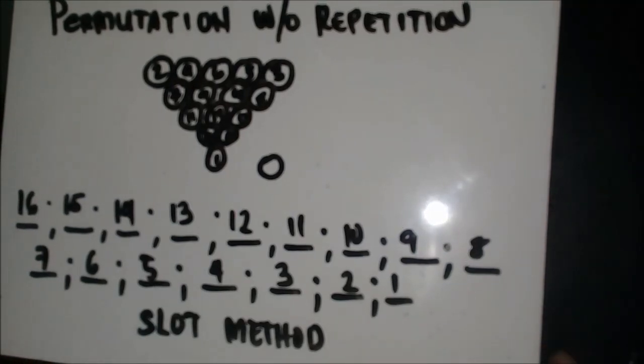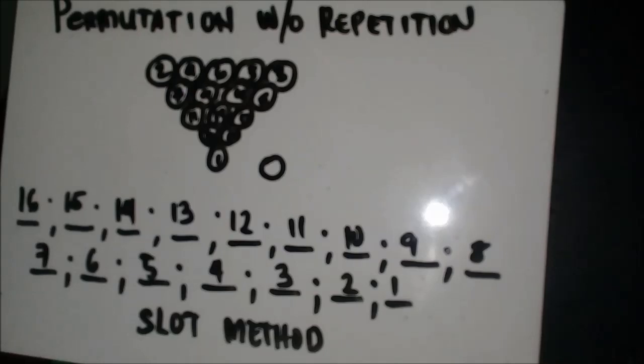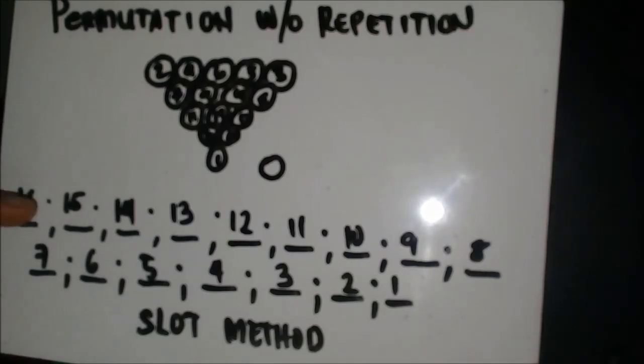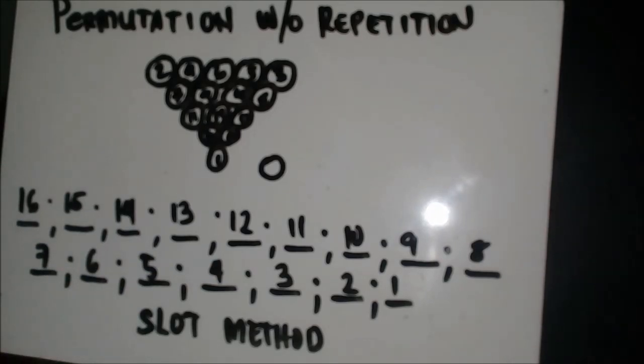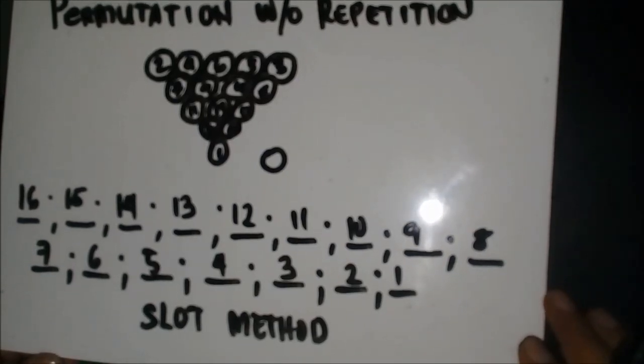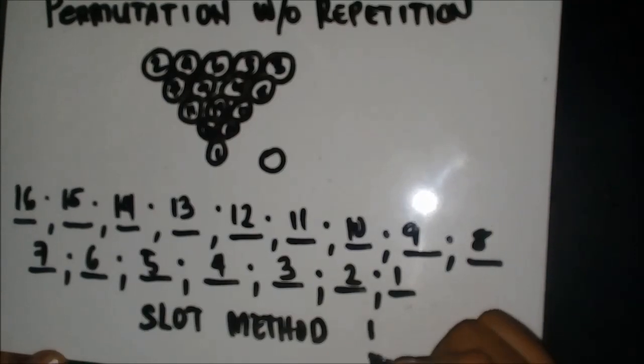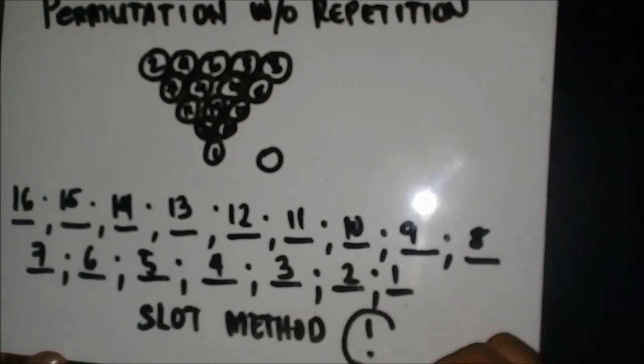But try to notice here, this is 16, 15, 14, 13, 12, 11, 10, 9, 8, 7, it is simply the product of all positive integers less than or equal to 16. And somehow, that is similar to factorial, right?